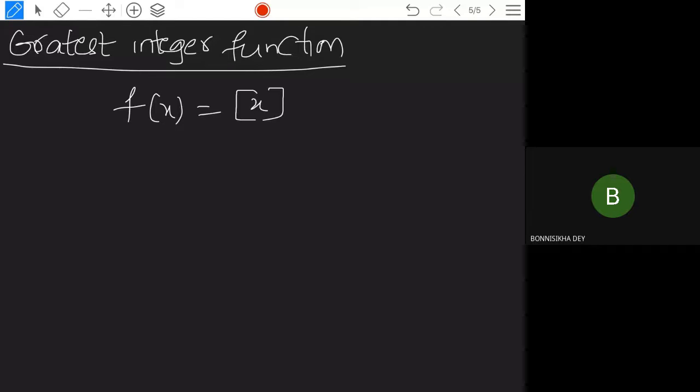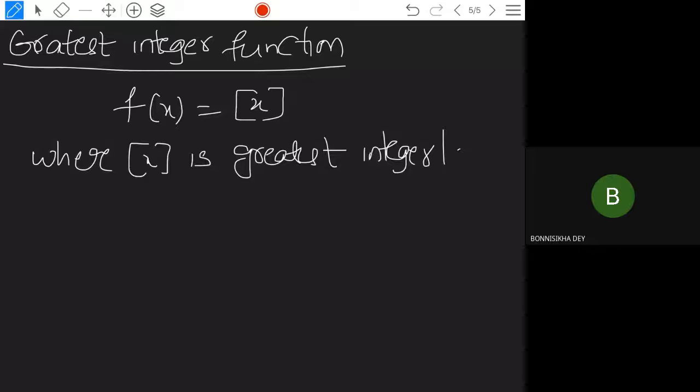Now f of x is equals to the greatest integer. What is the meaning of this? The greatest integer less than or equal to x. Let us take an example.